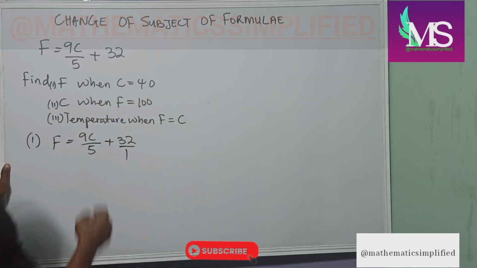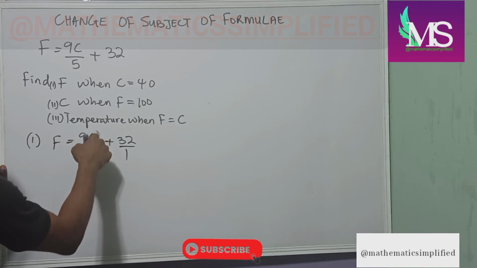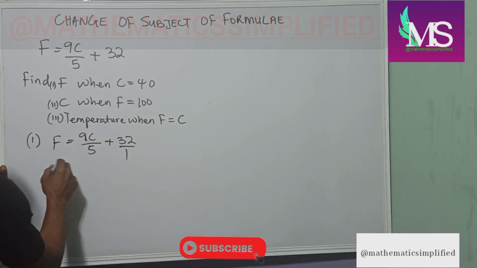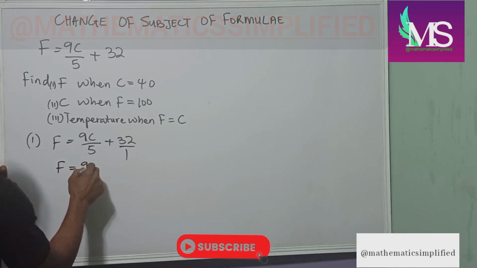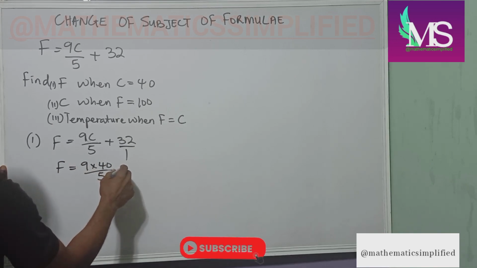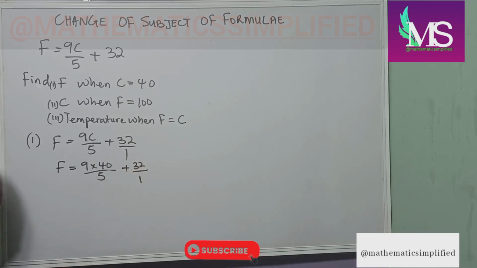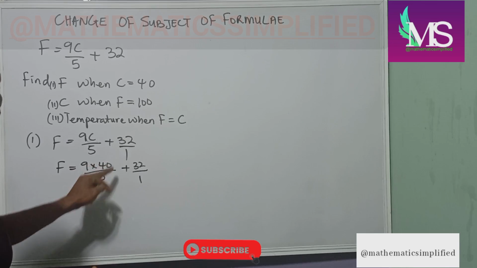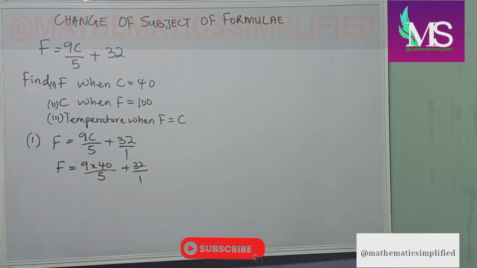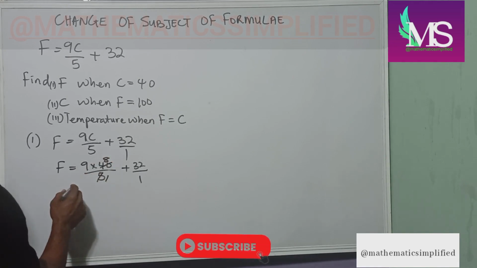So at this point, C here, we are going to replace it with 40. So this becomes F equals 9 times 40 all over 5, plus 32 over 1. Now 9 times 40, we can break 40 down with 5 since it's multiplying. So 5 into 5 is 1, 5 into 40 is 8.